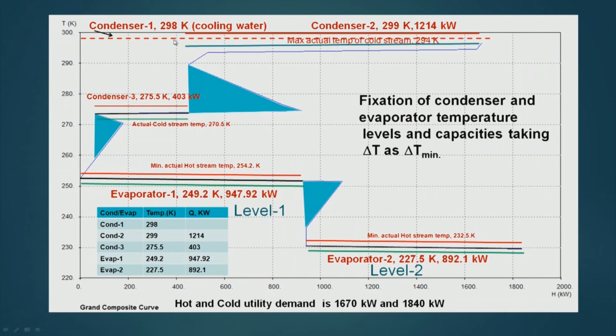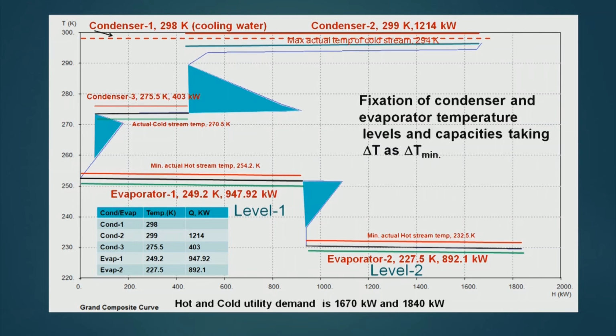So, if I am passing heat to the cold water in condenser number 1, then my refrigerant vapor state has to be at 298 Kelvin.